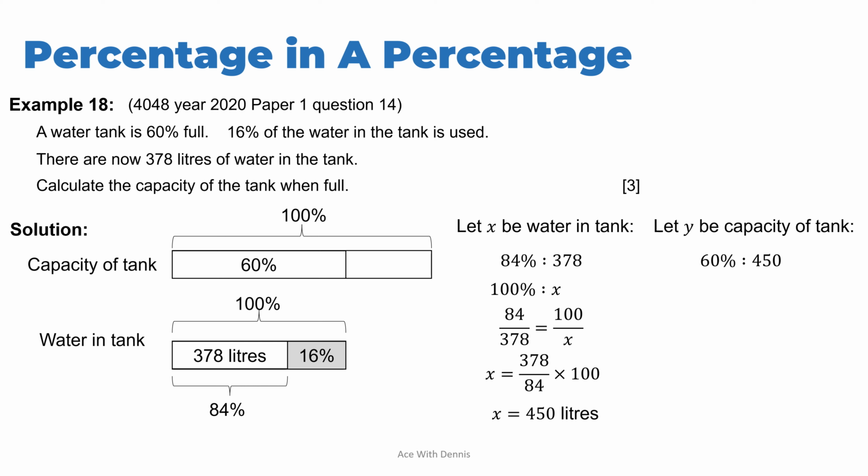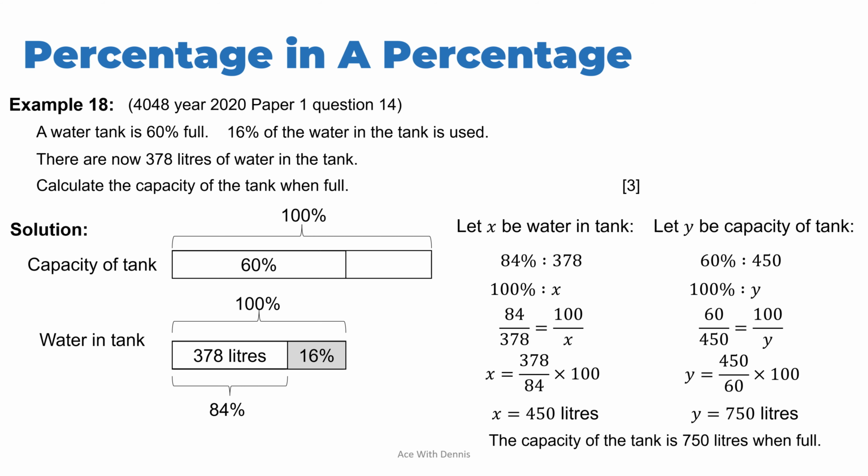Right, so 60% is to 450, 100% is to Y. So we can form the equation 60 over 450 equals 100 over Y. Then we solve this equation, Y equals 450 over 60 times 100, and Y is 750 liters. So the capacity of the tank is 750 liters when full.